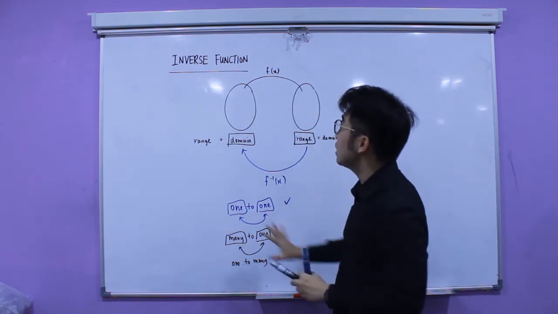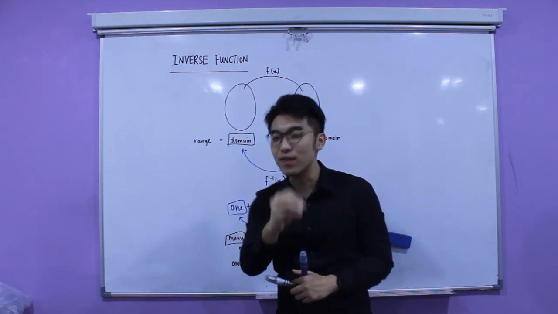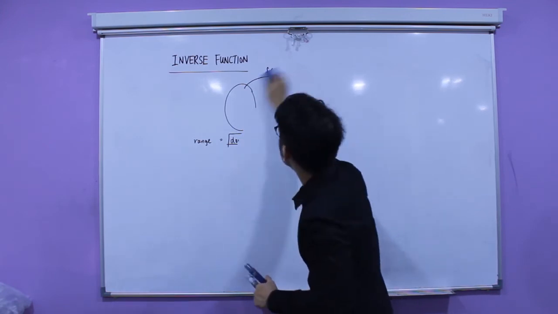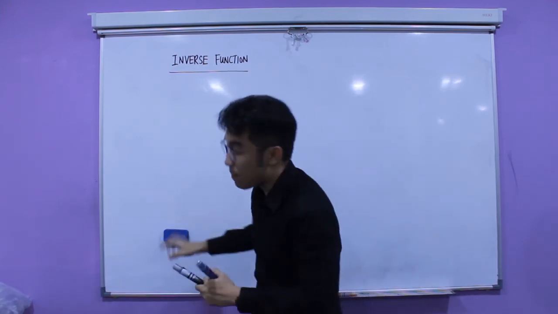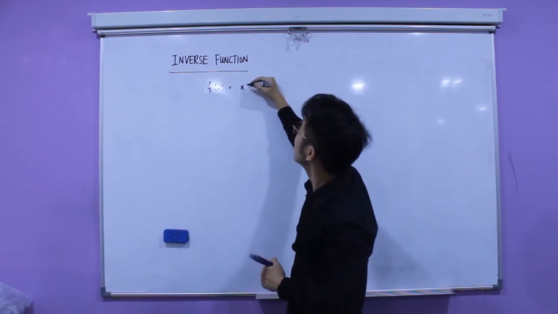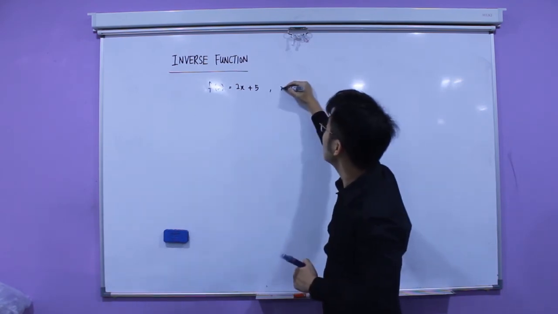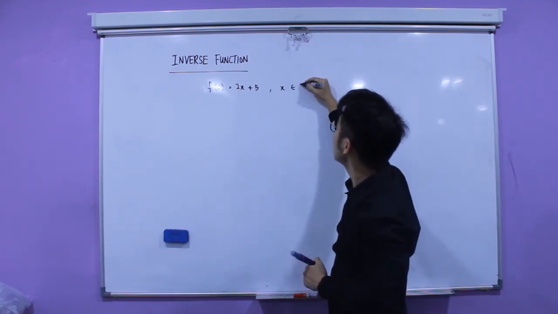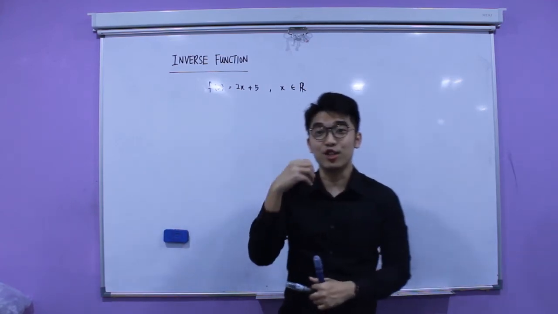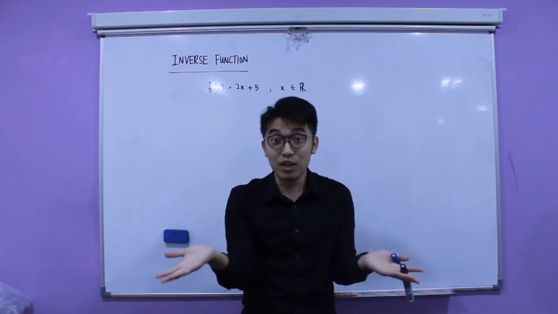Understanding this, right now I'm going to show you an example of how you can inverse a function. Let me quickly erase this so you can see how it works. Imagine you're given a question: function f equals 2x plus 5, and all the x's in the equation are real numbers. A real number is any number that has a negative or positive value.